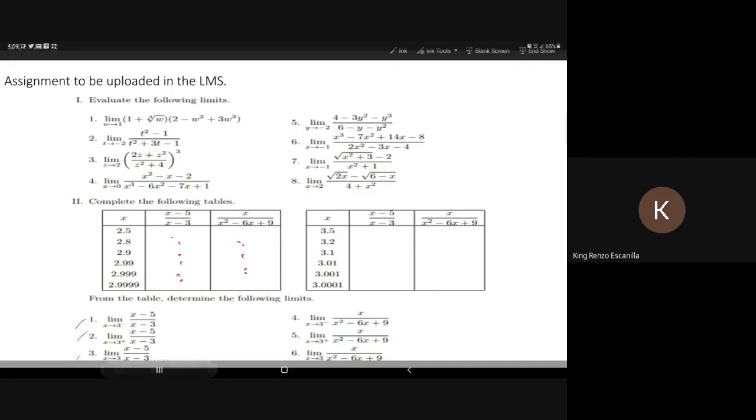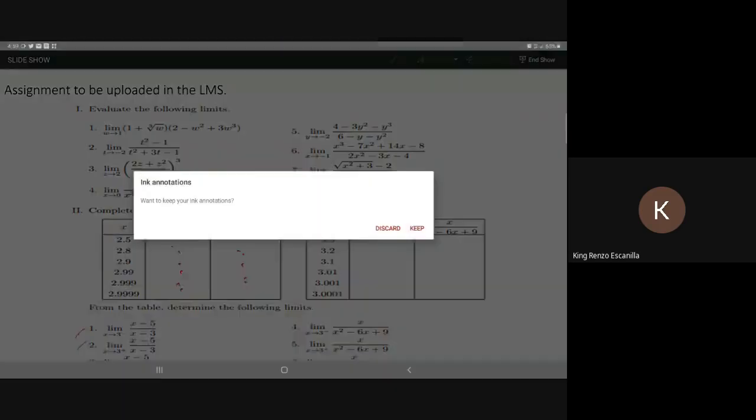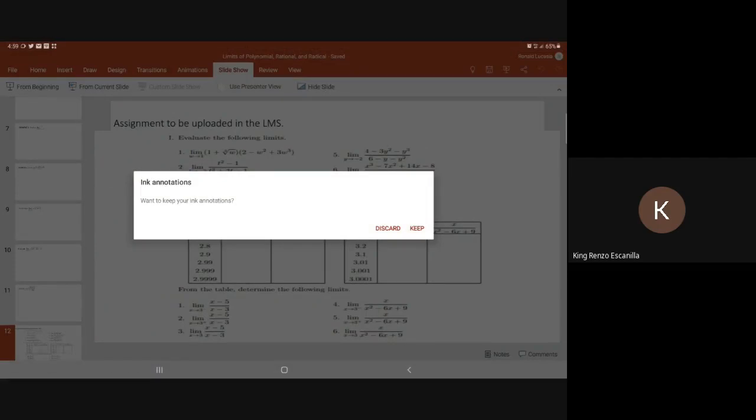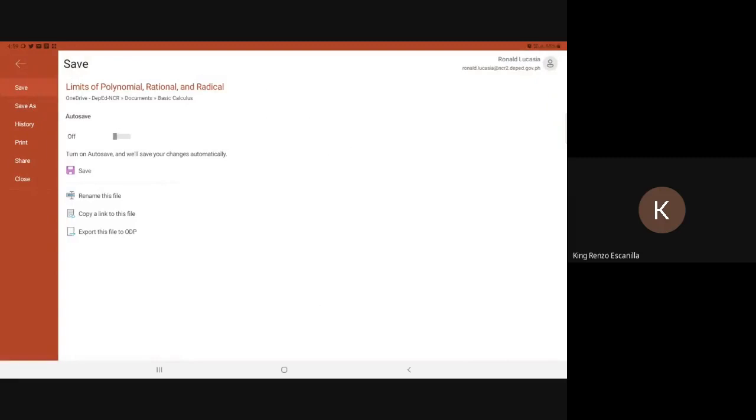Wag mo na umalis. I'll be getting the attendance muna. Okay, discharge. And then save as.